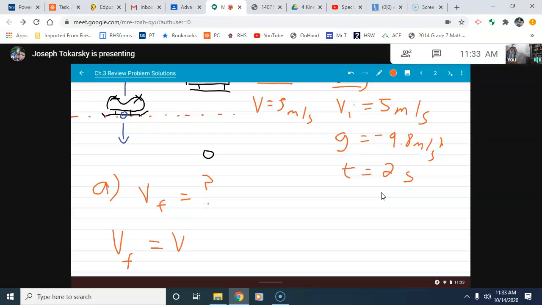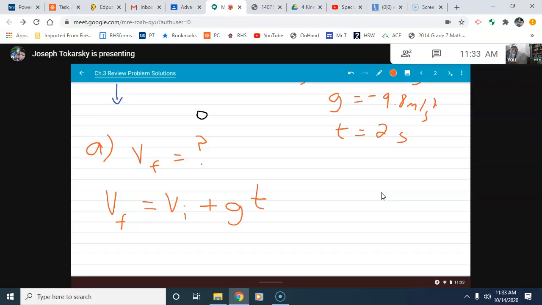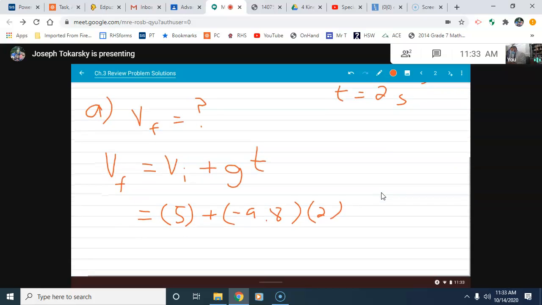VF equals VI plus AT, or for free fall it's GT, right? Because G is this specific A like we said. So we don't even have to rearrange. We plug in 5, all my units are good, plus negative 9.8 times 2. And I get out negative 14.6.